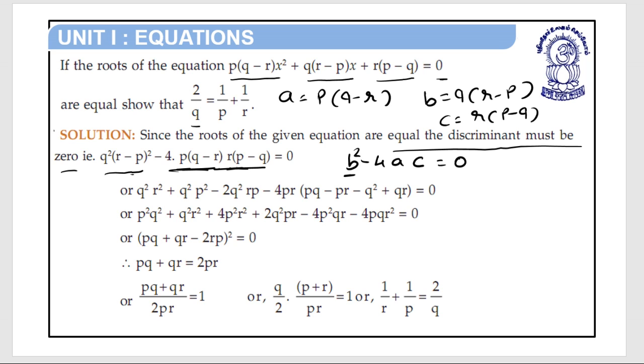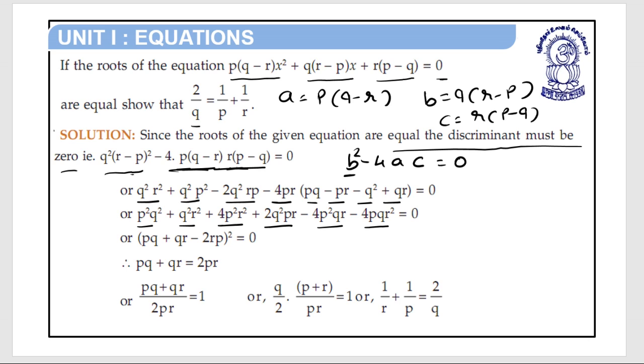Now solve this equation. q square r square plus q square p square minus 2 q square rp minus 4pr in the bracket, pq minus pr minus q square plus qr, is equal to 0. So p square q square plus q square r square plus 4 p square r square plus 2 q square pr minus 4 p square qr minus 4pq r square is equal to 0.